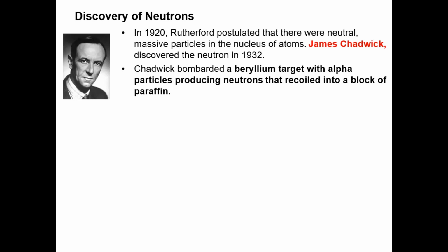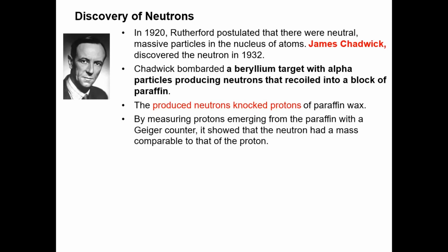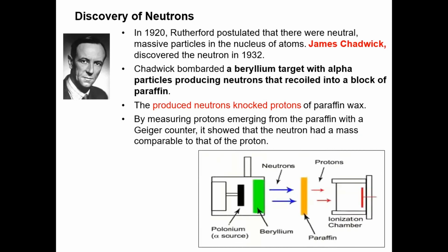The alpha particles were producing the neutrons that were recoiling in the block of the paraffin. The produced neutrons were knocking the protons within the paraffin wax. So measuring the proton emerging from the paraffin with the help of a Geiger counter, he showed that the neutrons have mass comparable to that of protons.